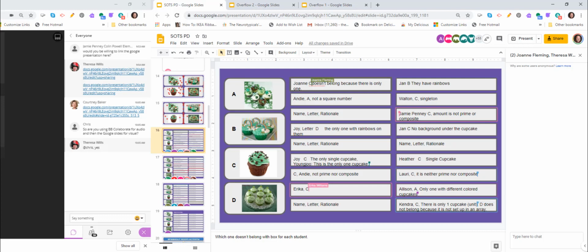As you read the other responses, if somebody said something very clever that you didn't think of first, would you turn their rationale into a bold font? So if it's clever enough and you didn't think about it, change it to bold.